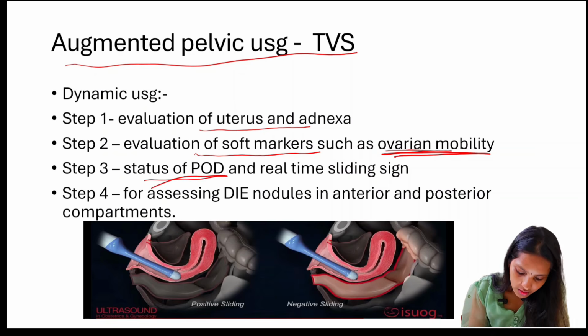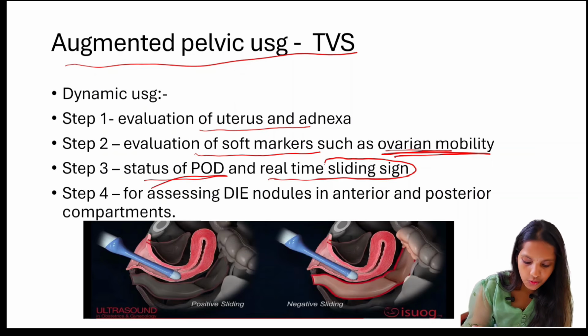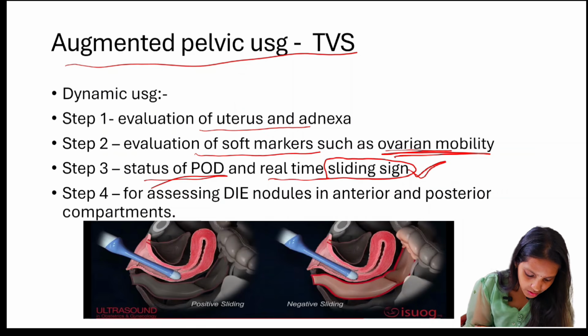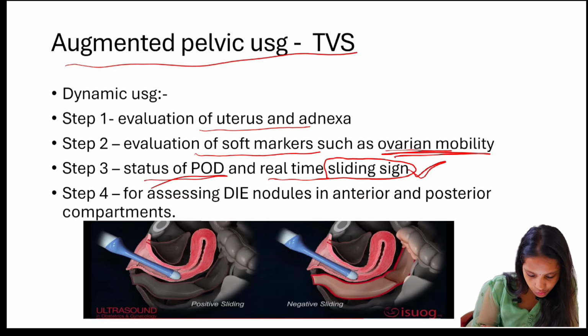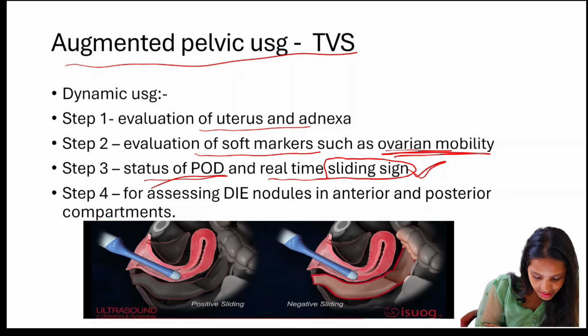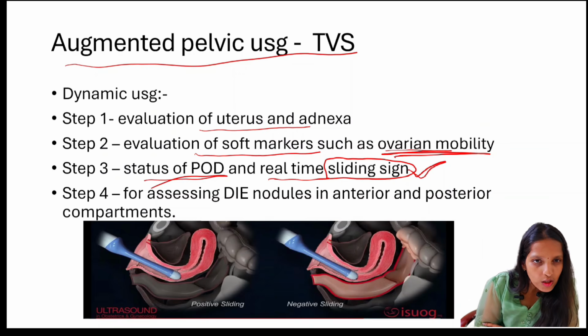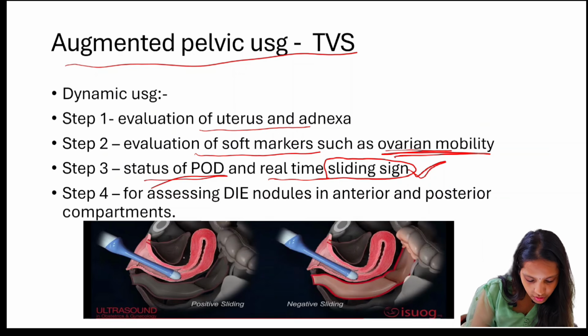If the POD is involved, we can find a true sign, that's the sliding sign. For the sliding sign, whenever we do a TVS examination, put the probe in the posterior part of the cervical vaginal fornix, and then put a hand on the upper part of the abdomen, and whenever you push the probe inside, there should be mobility of the posterior part of the bladder and the anterior part of the bowel.